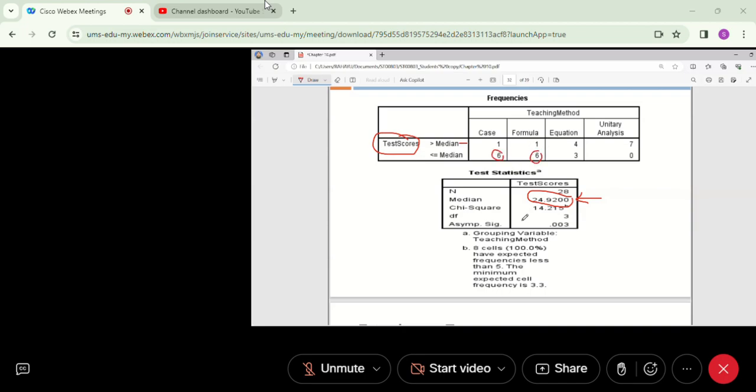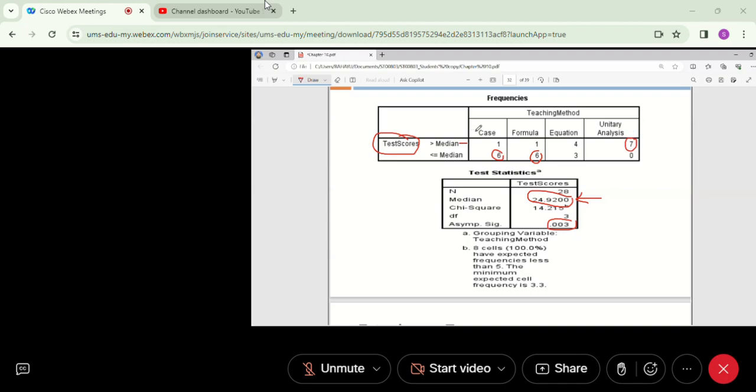As we can see from here, there is a significant difference between methods. It is quite obvious because for the unitary analysis method, all of the test scores are above the median value.